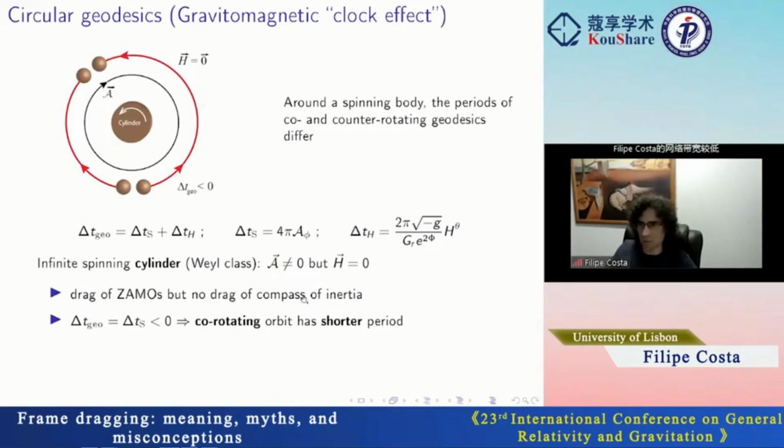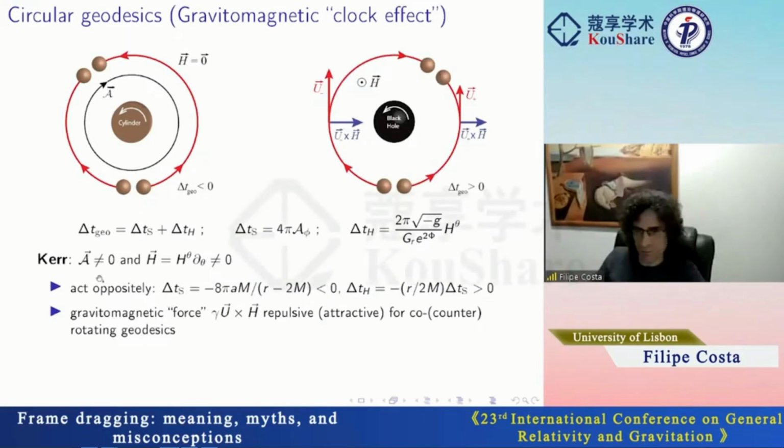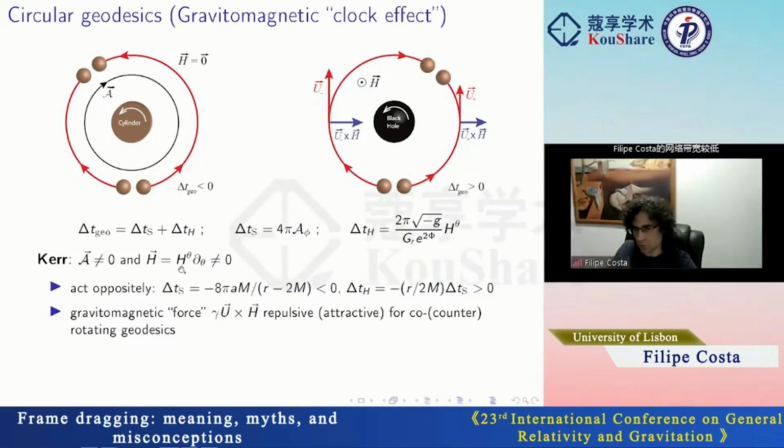Okay? So now consider a Kerr black hole. In this case, we have not only a gravitomagnetic potential, but also a non-vanishing gravitomagnetic field. And they will act oppositely.